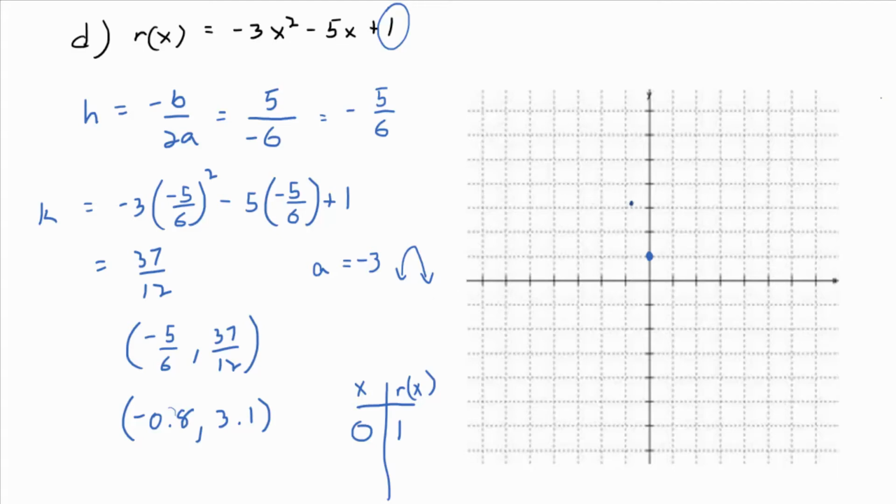We went about 0.8 to the right from the vertex to get to this one. So if you go about the same distance to the left, you'll be at the symmetric point over here somewhere. And then connect your dots. I'll do it in red, and you're done.